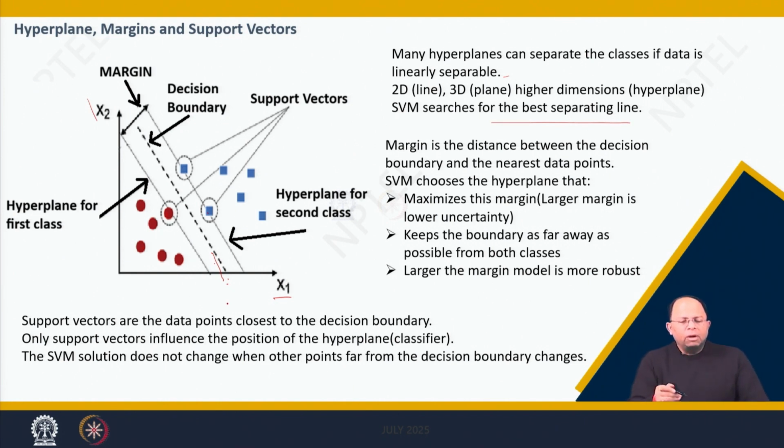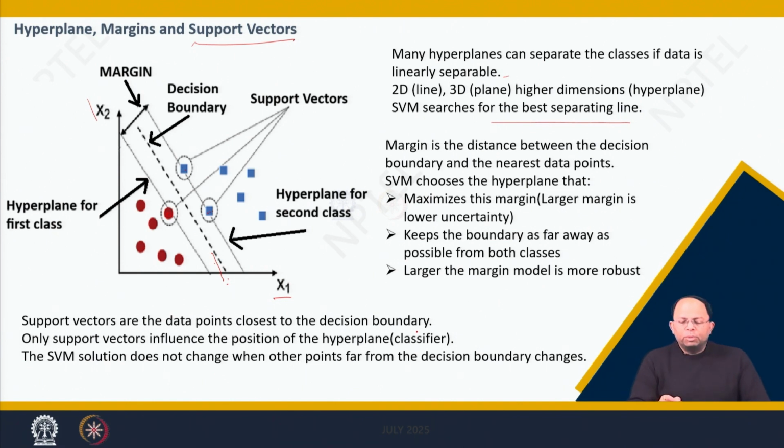Now, what are support vectors? Support vectors are the data points closest to the decision boundary. So these are the support vectors. As you can understand, the distance between the decision boundary and the margins is based on the support vectors, and only the support vectors matter.